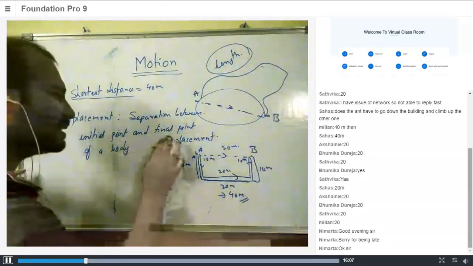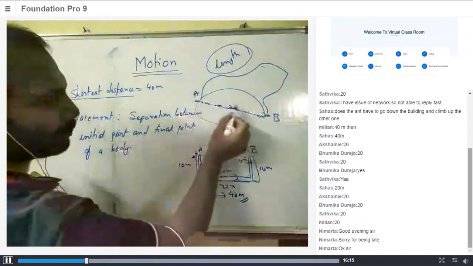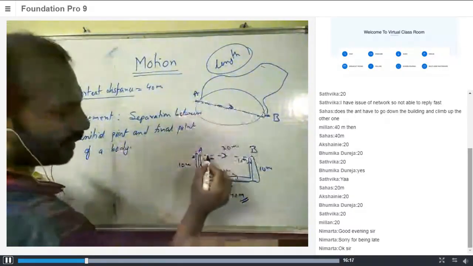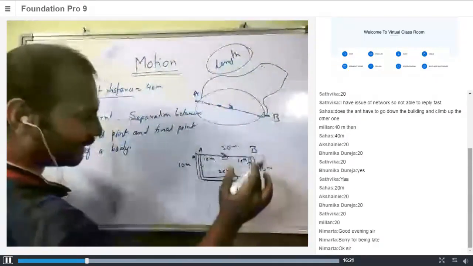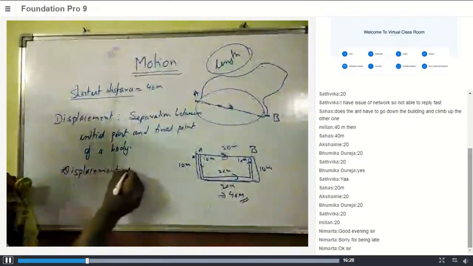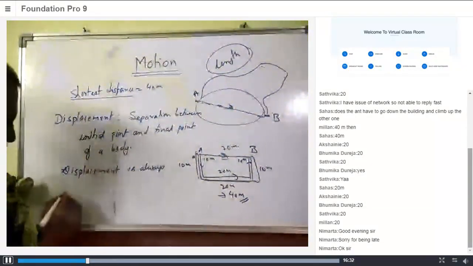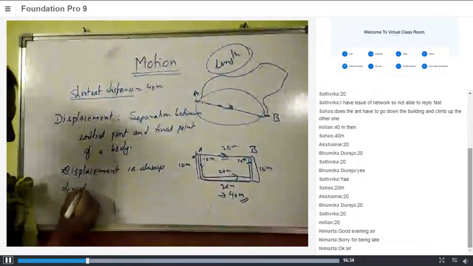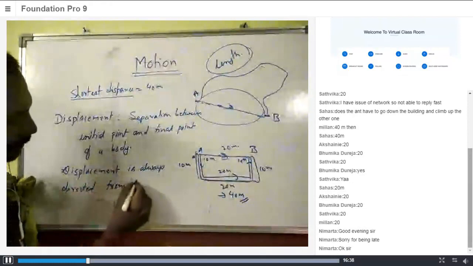And displacement is always in a particular direction. And what is the particular direction? The direction is always from the initial point to the final point.